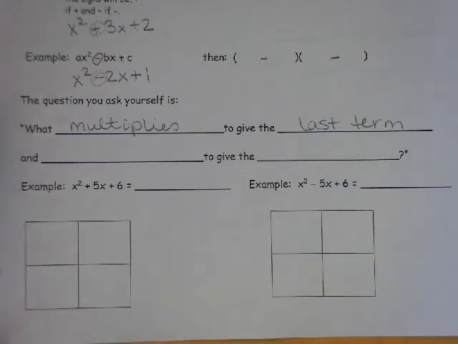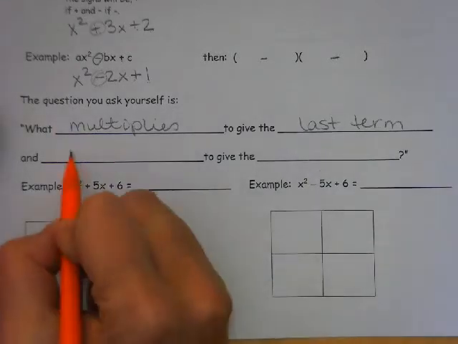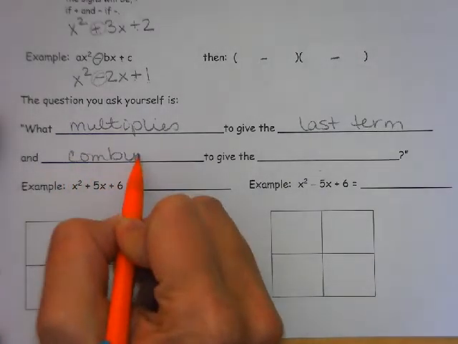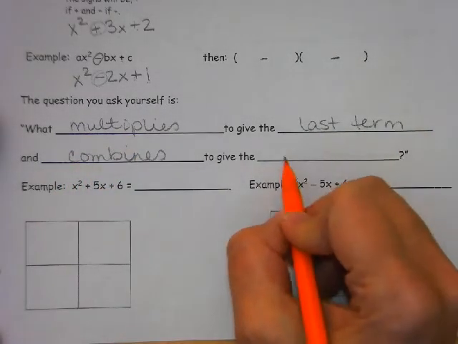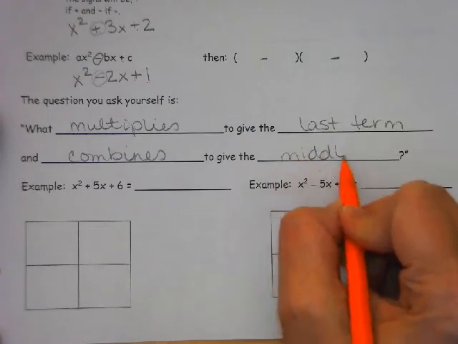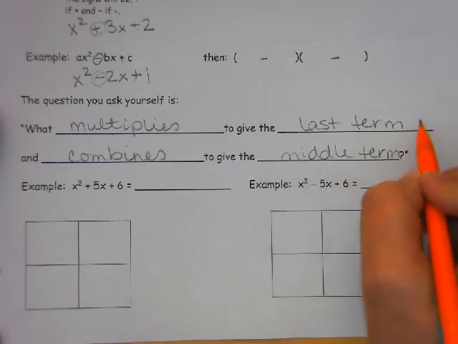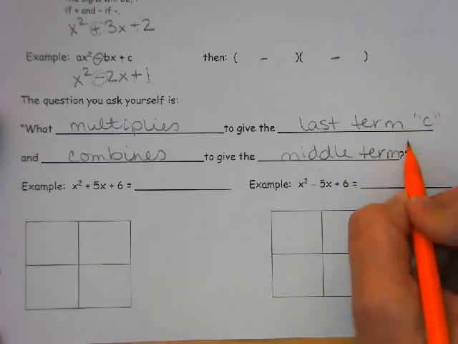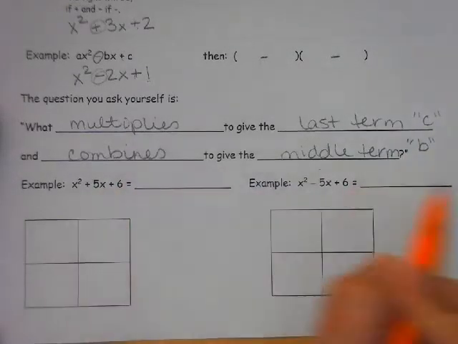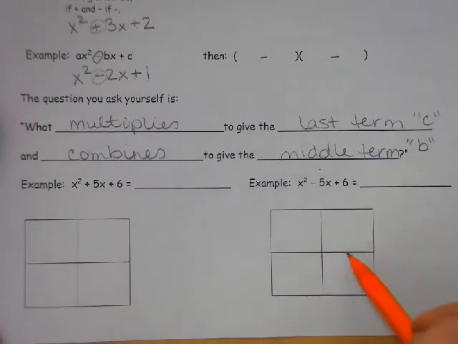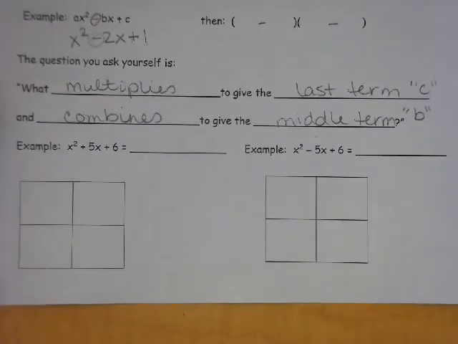But then we're going to add a step today, and we're going to talk about what combines to give the middle term. The last term we call C, the middle term we call B. I'm going to show you the box method, and then a second method called a cross puzzle that I think you're probably going to like a little bit better. Okay.